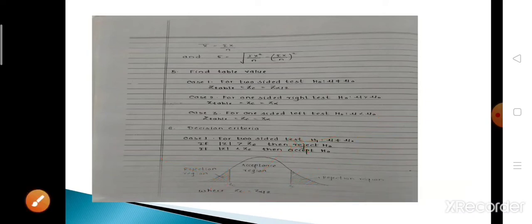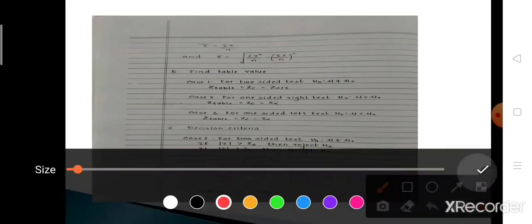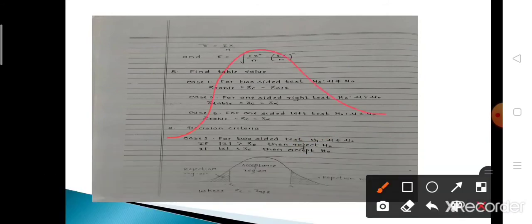See again, for the two-sided test, there are two critical regions, to the right side as well as to the left side. These are the rejection regions, and the middle one is the acceptance region. This point is the positive table value, and this point is the negative table value. And for two-sided test, what is the table value?